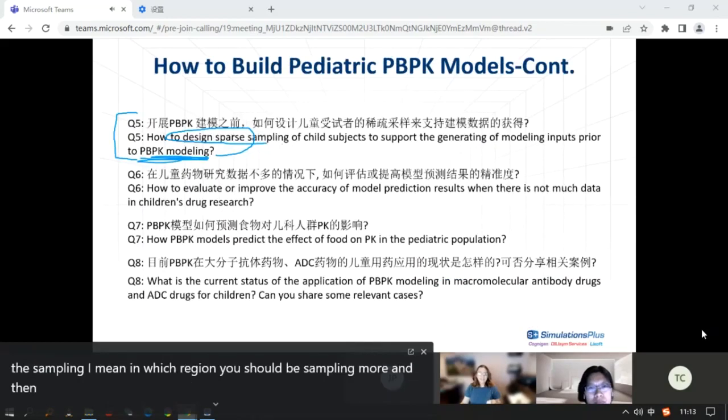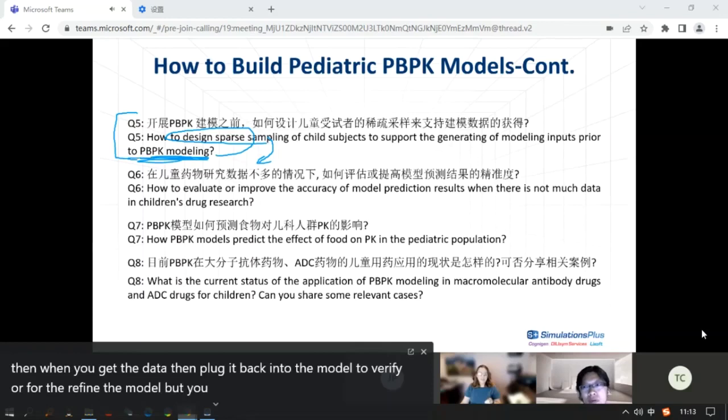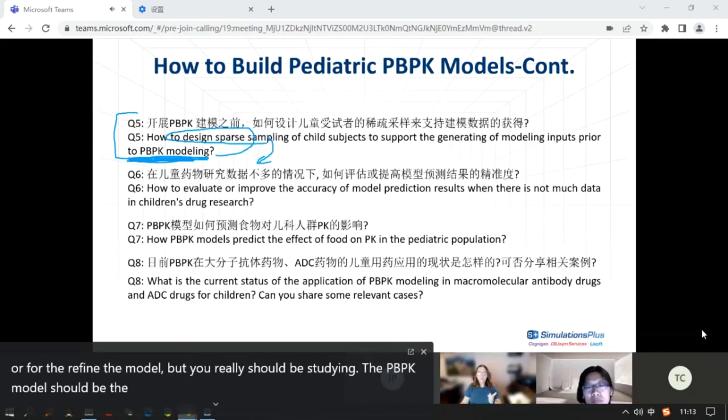And then when you get the data, then plug it back into the model to verify or further refine the model. But you really should be starting the Pbpk model should be the very first thing you do before you design a study.